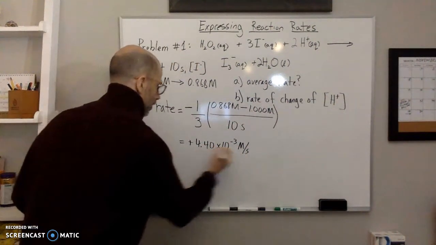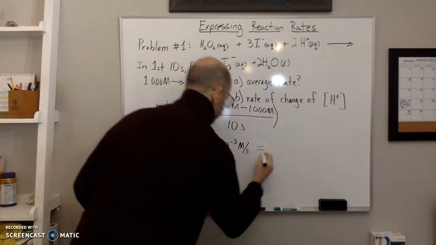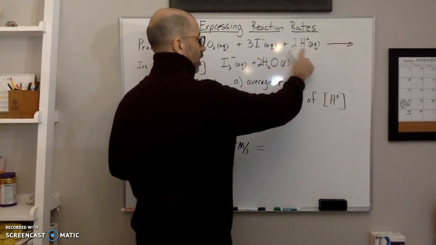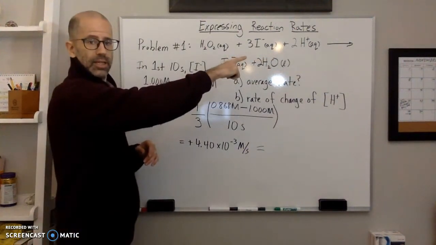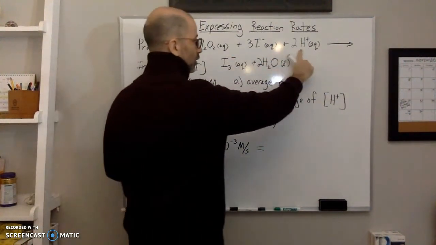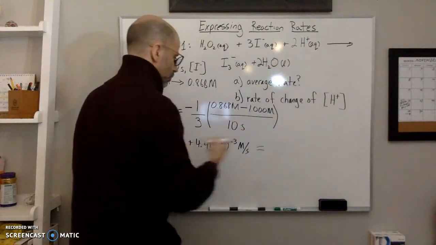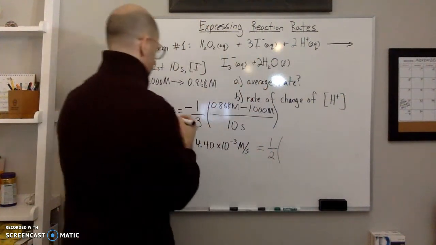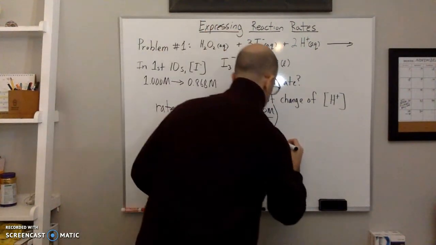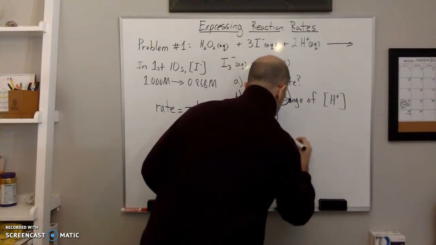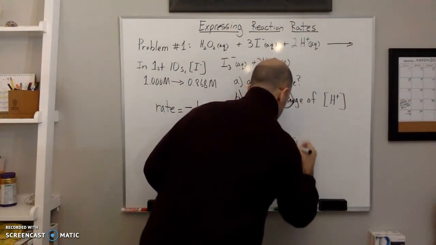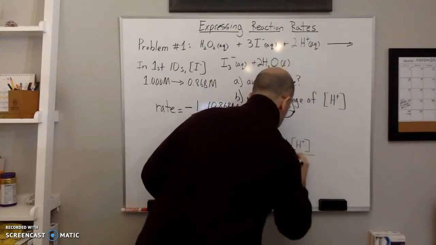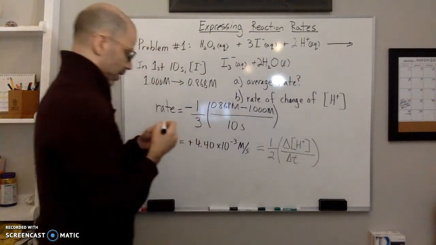So this is also going to be equal to the rate of change in the H plus concentration. However, the coefficient is 2, so it's going to be 1 over 2 times the change in the H plus concentration over change in time.